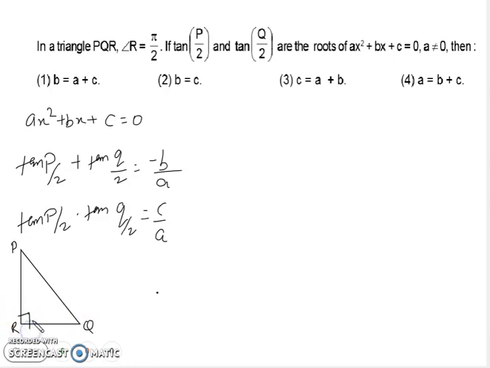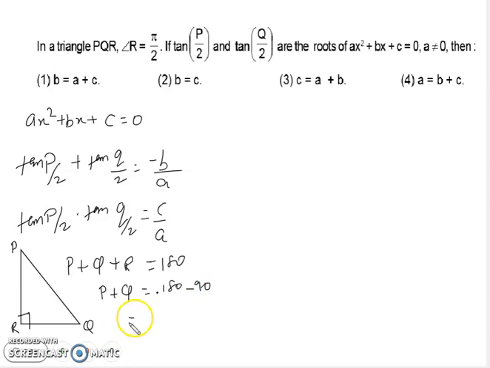According to the angle sum property, angle P plus Q plus R is equal to 180 degree, because the sum of all angles of a triangle is equal to 180 degree. So we can write P plus Q is equal to 180 minus R, and what is the value of 180 minus R? It equals 90 degree.